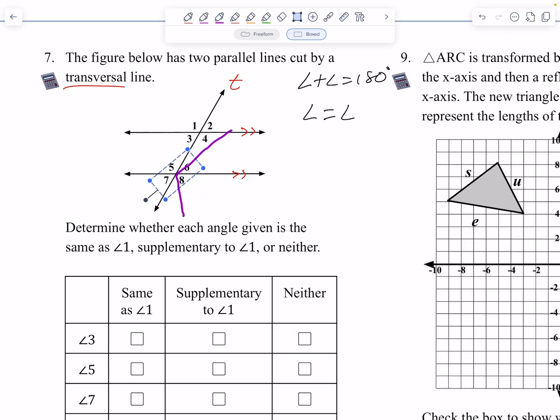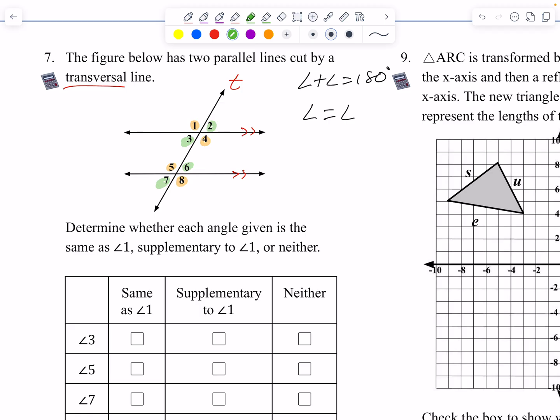Can you also tell if I rotate it 180 degrees, it's that one and that one? So can you see, essentially, that one, wrong color, sorry. This one, this one, this one, and this one are all obtuse. They're all the same number. And that means that this one, this one, this one, and this one are all the same. Okay? So that's what I'm saying.